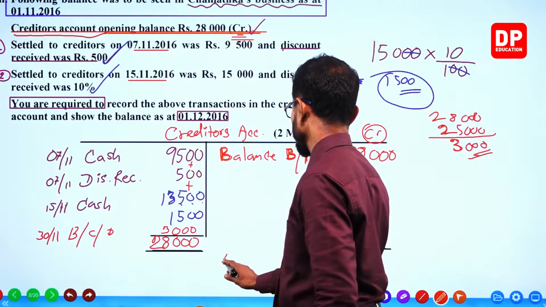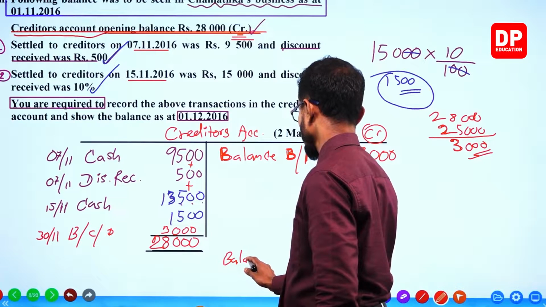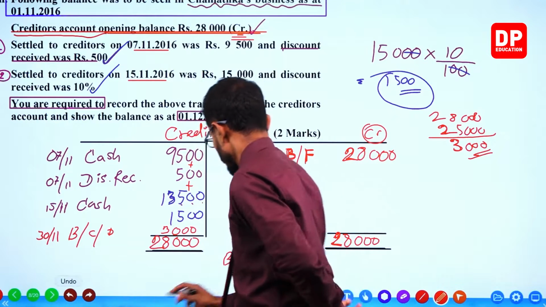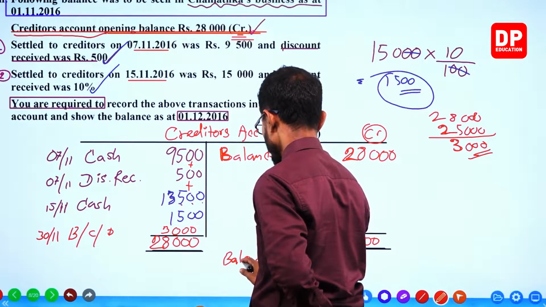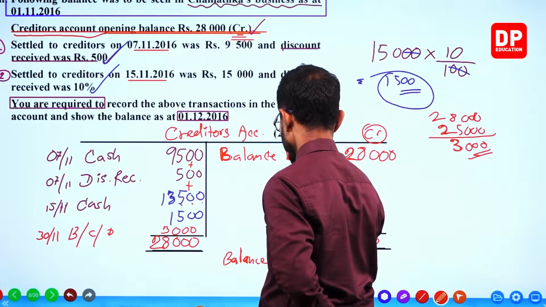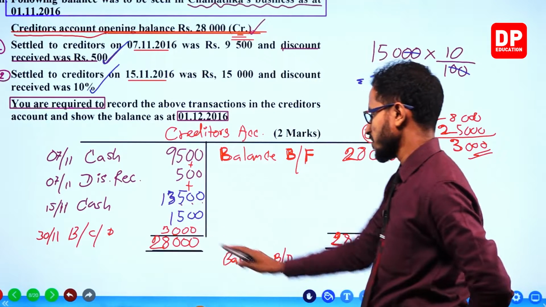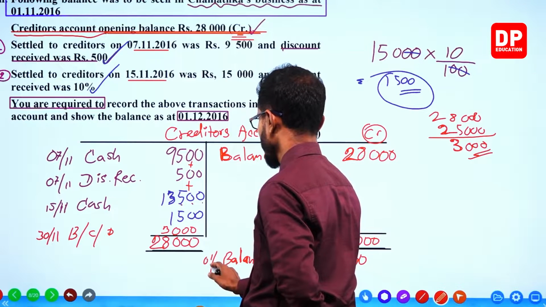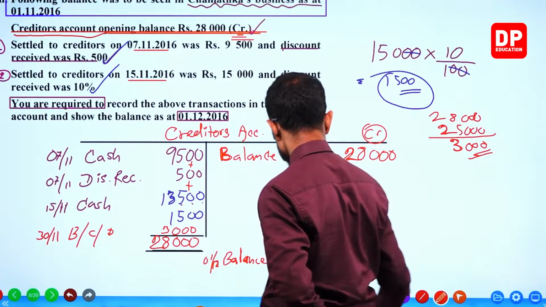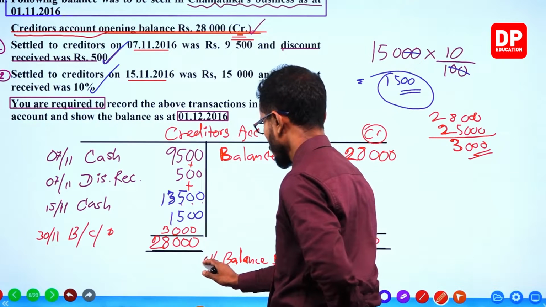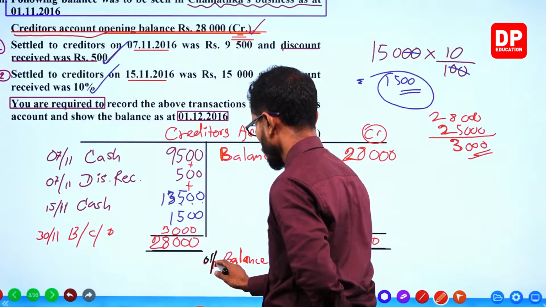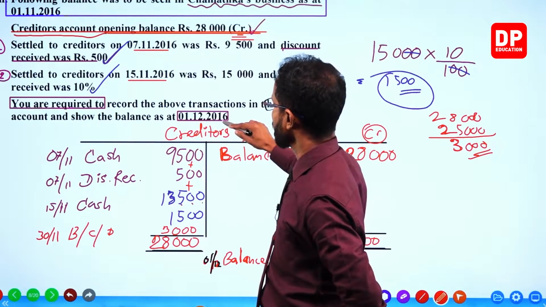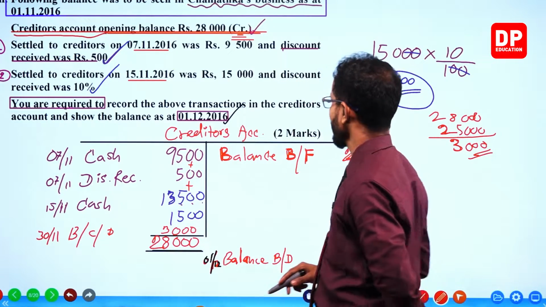You have to do the balance brought down to the credit side, that is 3,000. This is 1st of December. Balance brought down. That is what they're asking, see? 1st of December 2016. Got it?